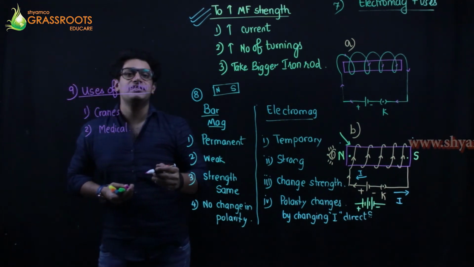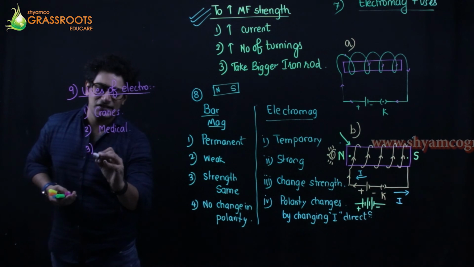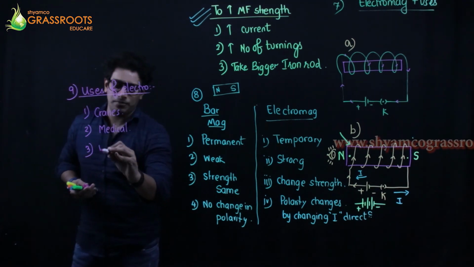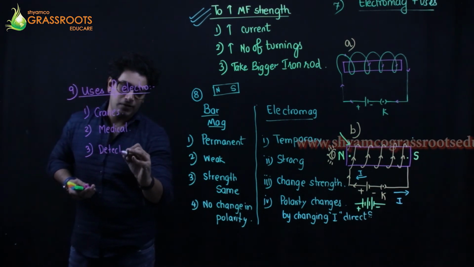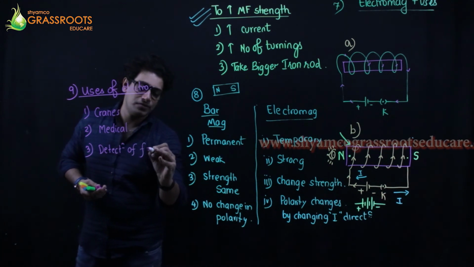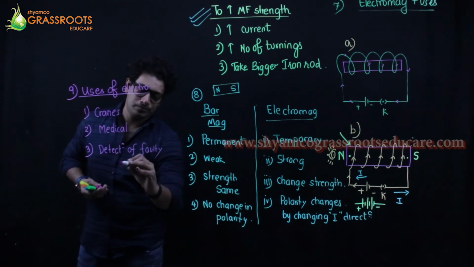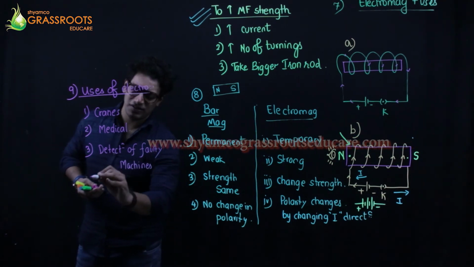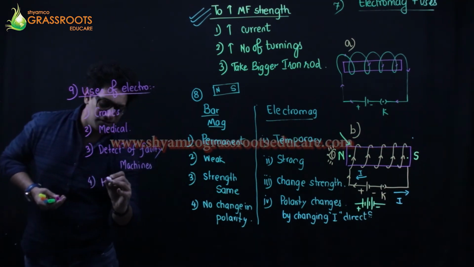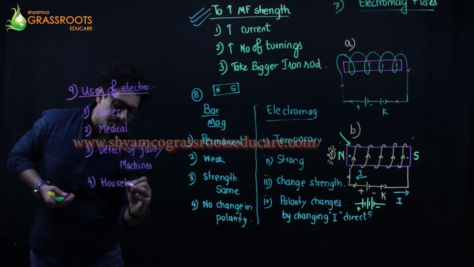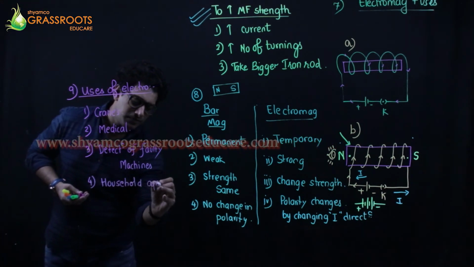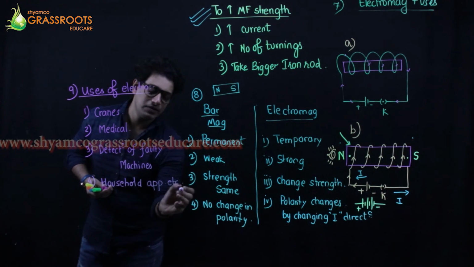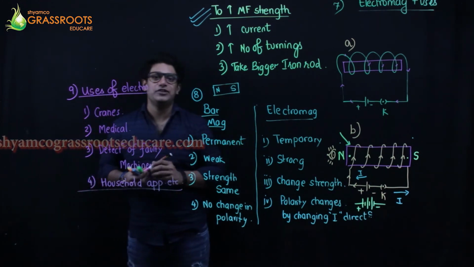Okay, medical purposes, cranes. Then it is used in detection of faulty machines, etc. There are many uses. It is used in household appliances, etc. So these are a few uses of an electromagnet.